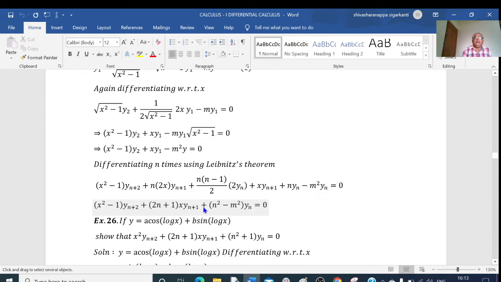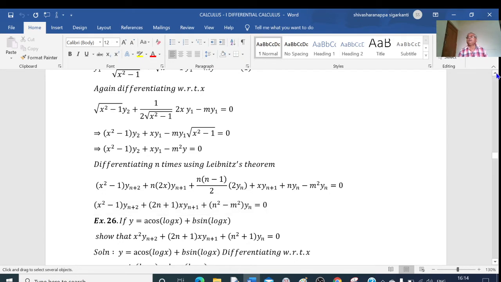Now I will write yn terms. This is one yn term, this is one yn term, this is one yn term. So yn taking common factor, 2 gets cancelled. Here I am getting n² − n plus n, okay, minus n plus n gets cancelled, minus m². What remains here is n² − m². (n² − m²) into yn is equal to 0.